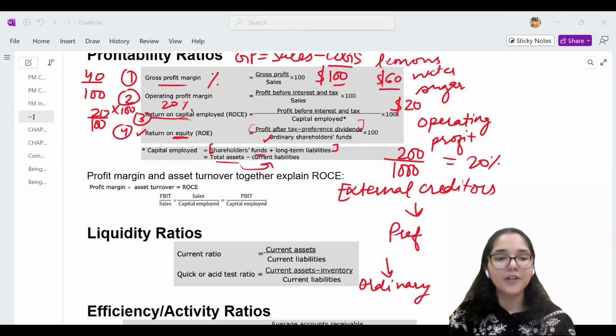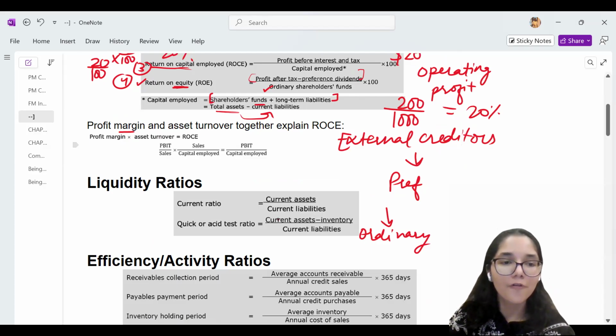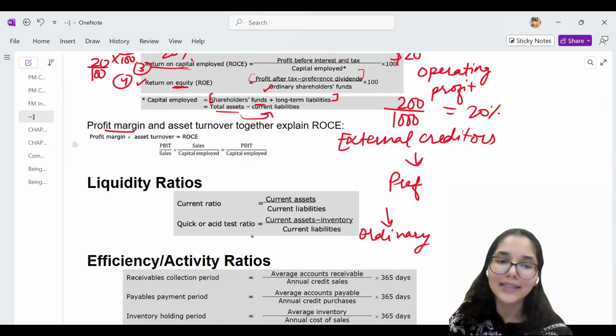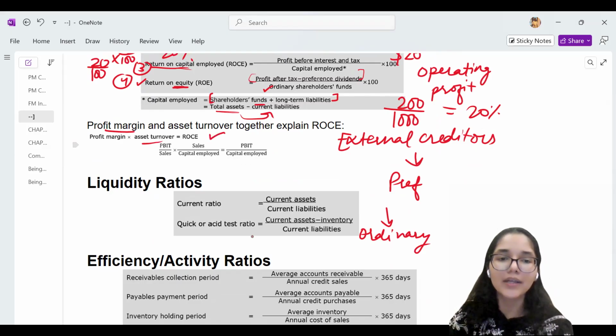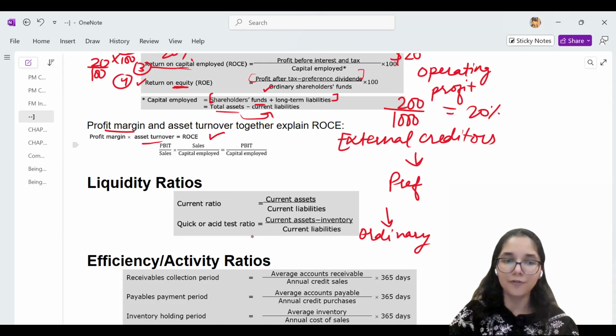Now I proceed further to one relationship that we have between the profit margin ratio, which is your operating margin, the ratio number two which we have learned. If you multiply that by the asset turnover ratio, you get your return on capital employed. How is that possible? We will prove it with the formula.